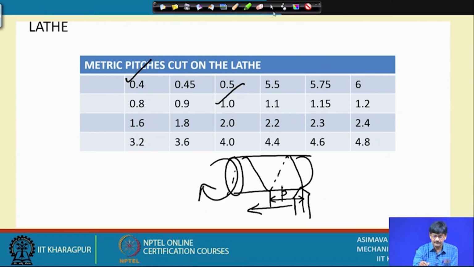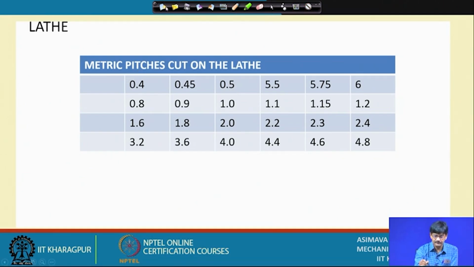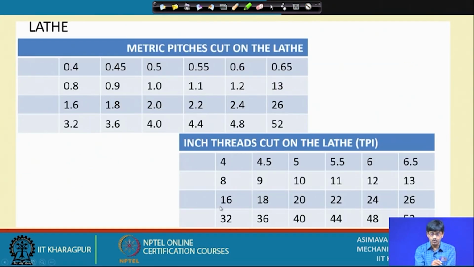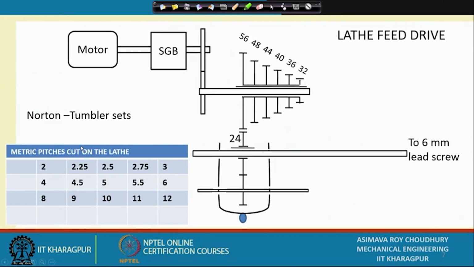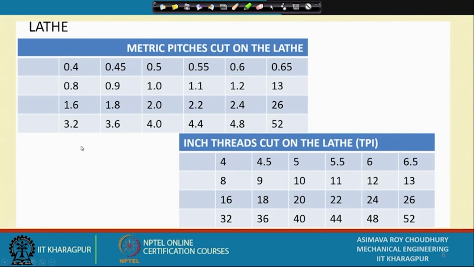In fact, you will notice that there might also be two such charts in which metric pitches are given, which means these are the threads which can be cut.